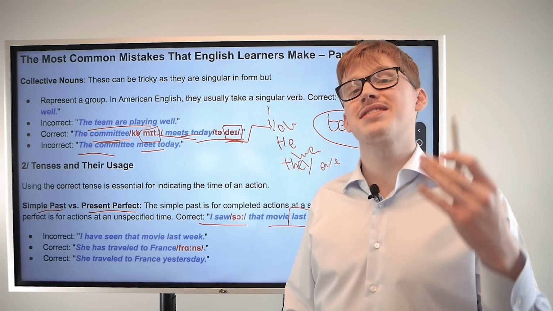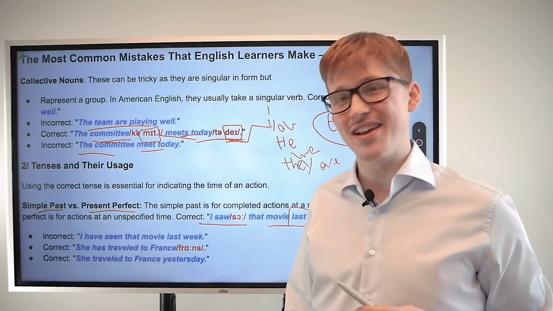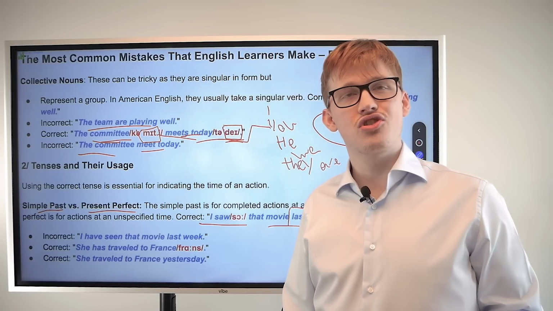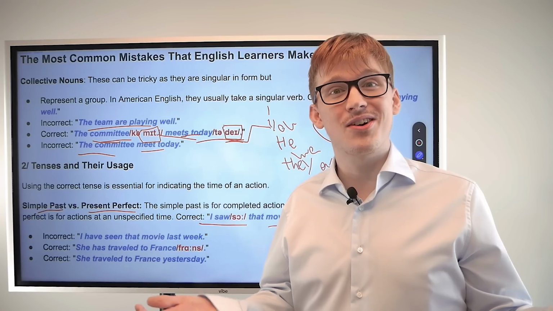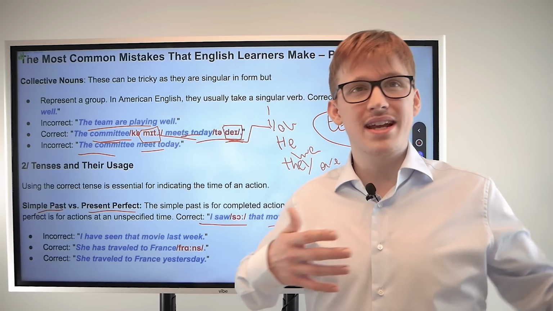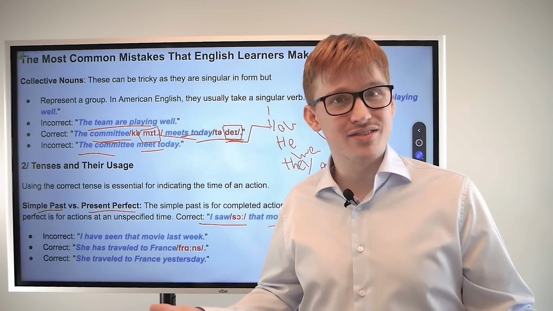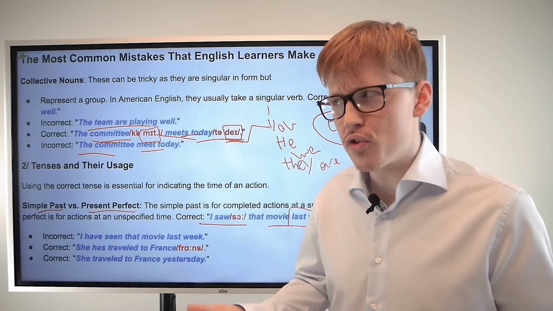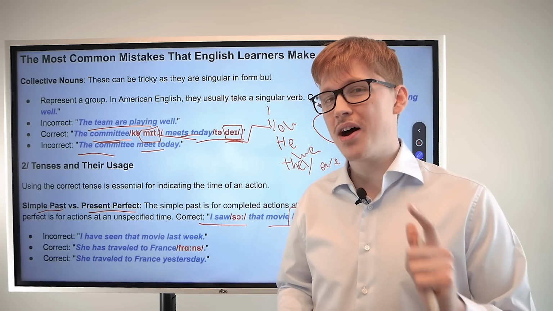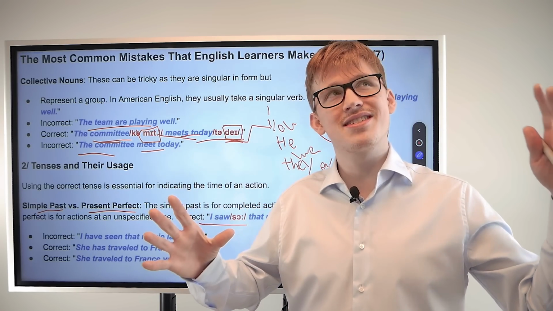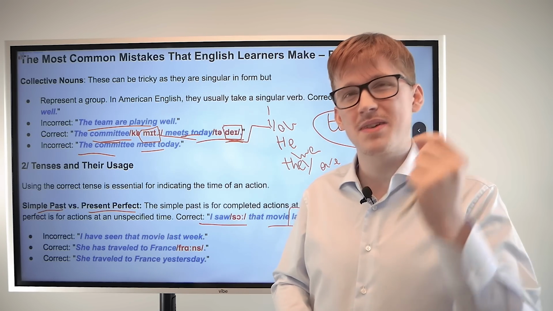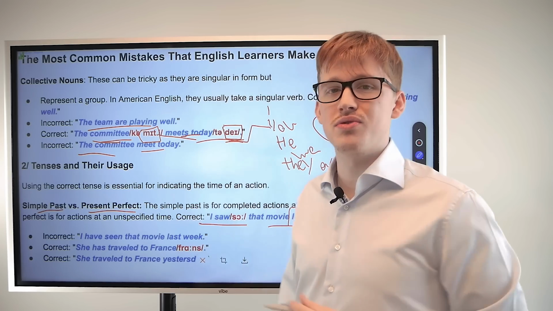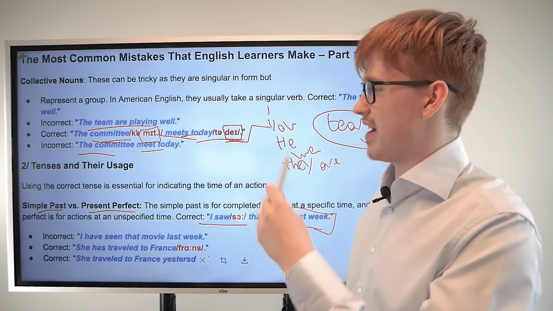We're talking about an experience in her life, as opposed to, she traveled to France last week, which is putting more emphasis on the fact that last week she did the action of going to France. So you can use both quite similarly, but they have a bit of a different specificity. They're a bit more specific, I would say, when we're using the present perfect.